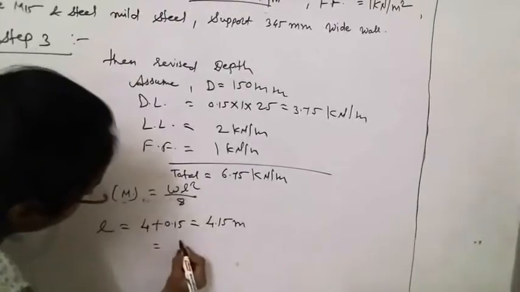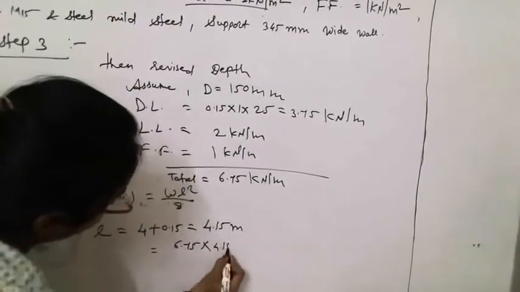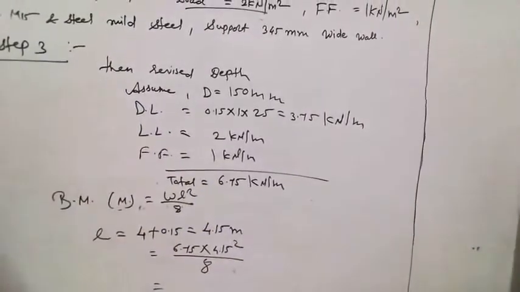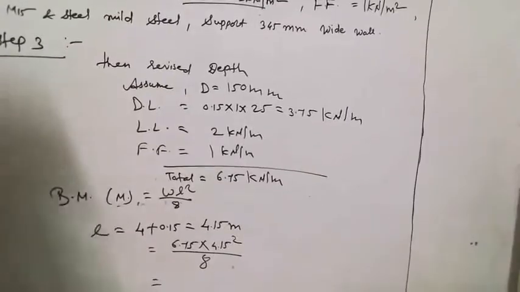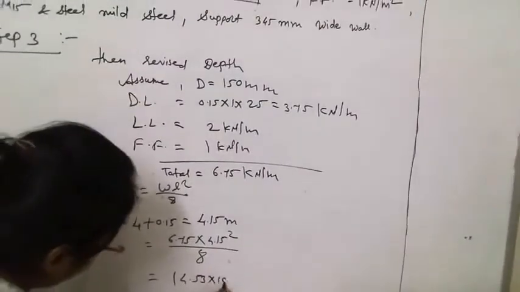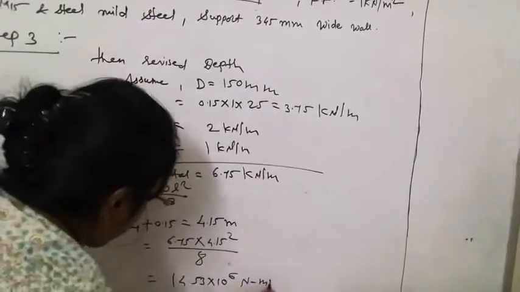Therefore, w is 6.75 into L, 4.15 square, divided by 8. Do the calculation and find out the value: 14.53 into 10 raised to the power 6 Newton mm.